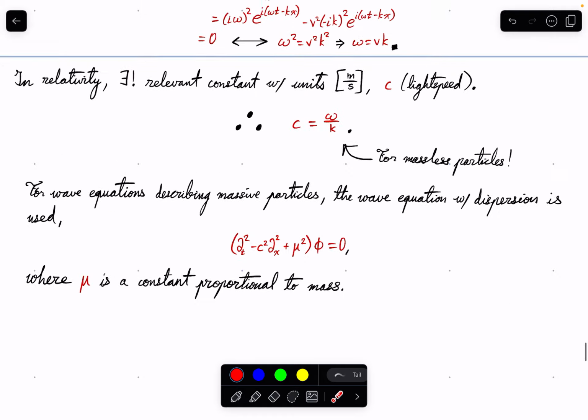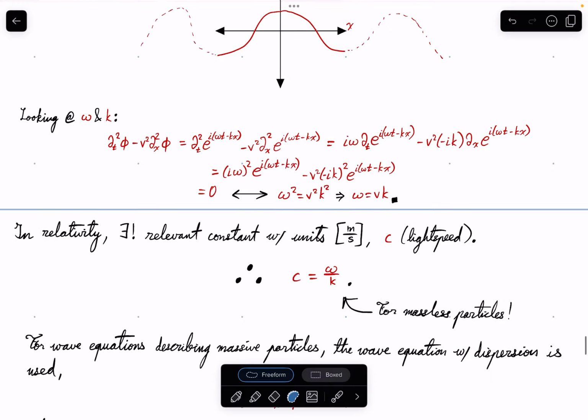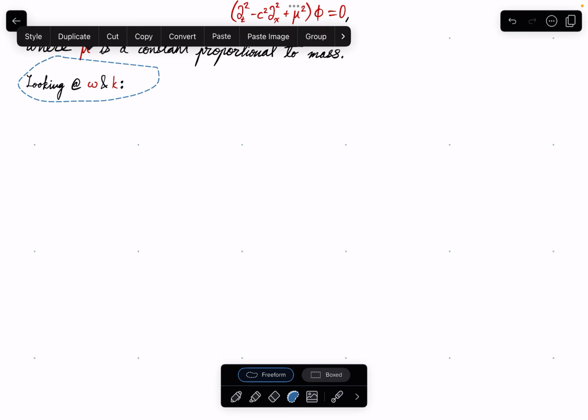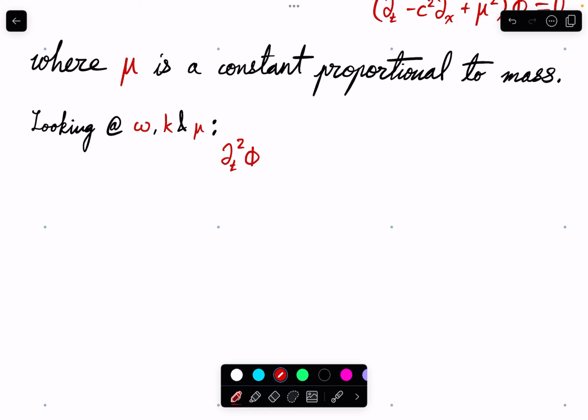We can find a dispersion relationship just like this. So I can say, looking at omega, k, and mu, then we end up with dt squared phi minus, or now we know it's c squared dx squared phi, then plus mu squared phi.